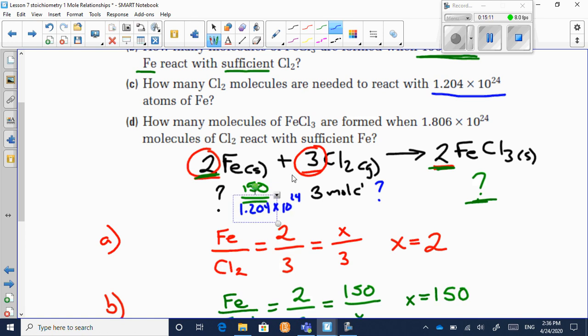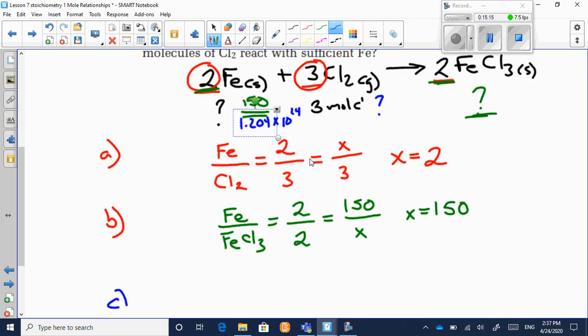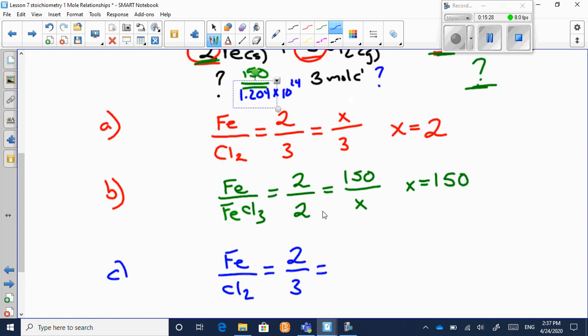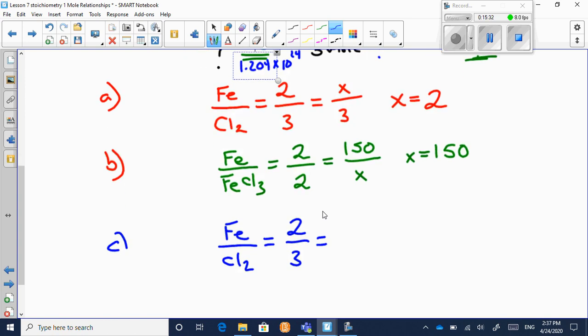Notice that this question asks nothing about the FeCl3, so I'm once again going to come back here and do my ratio of Fe to Cl2. From the balanced equation, I know that it's a 2 to 3 ratio, but look at this. Now I've been told that I've got 1.204 times 10 to the 24 over x.